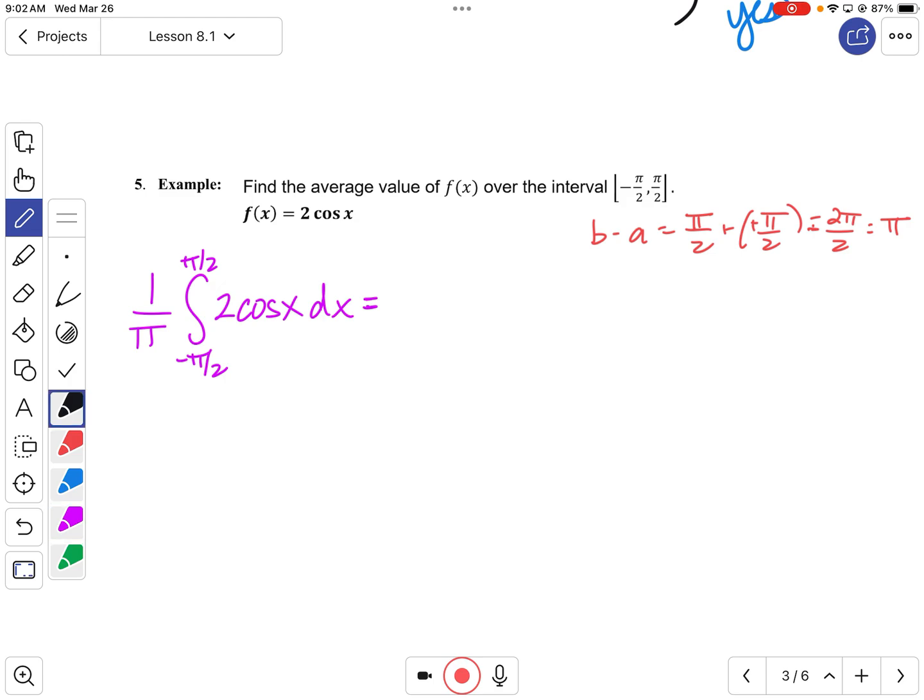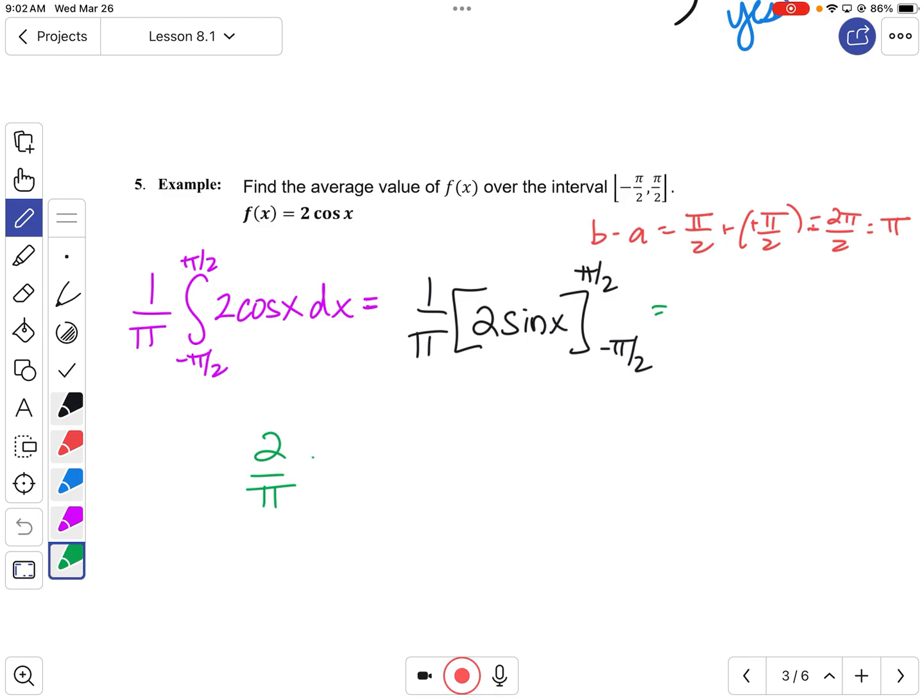Let's do our antiderivative, which is going to give me 1 over pi times 2. What did I start with to end up with cosine? Sine. And we're going to evaluate that from negative pi over 2 to pi over 2. Just some good trig right here. Are y'all good if I make that 2 over pi? Sine at pi over 2 minus, I distribute it, 2 over pi sine at negative pi over 2.